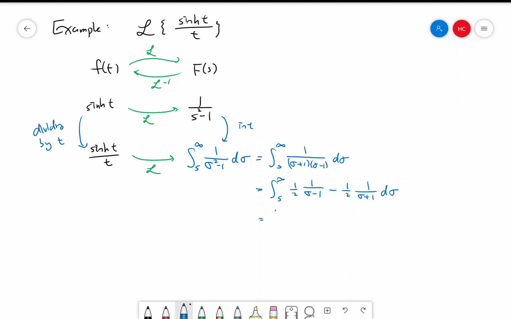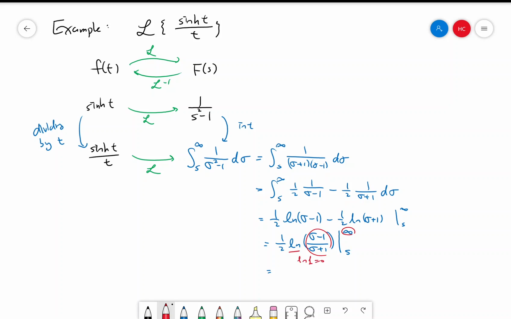And this is equal to 1/2 natural log of sigma minus 1 minus 1/2 natural log of sigma plus 1 from s to infinity. And combine the two things, 1/2 ln of sigma minus 1 over sigma plus 1 from s to infinity. At infinity, this fraction goes to 1, ln of 1 is 0.